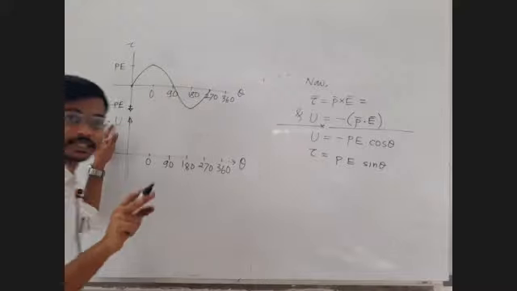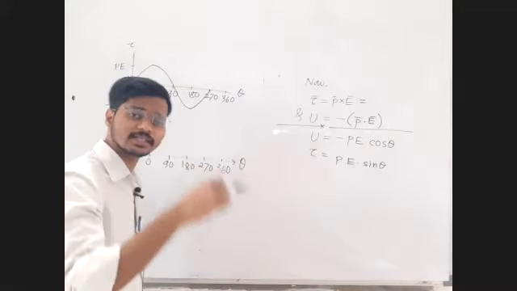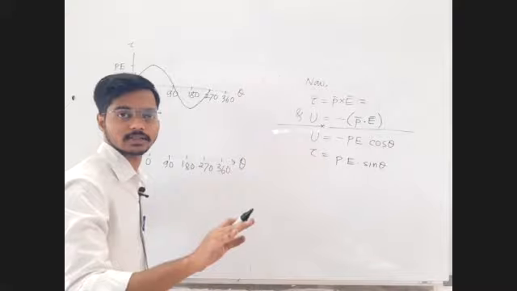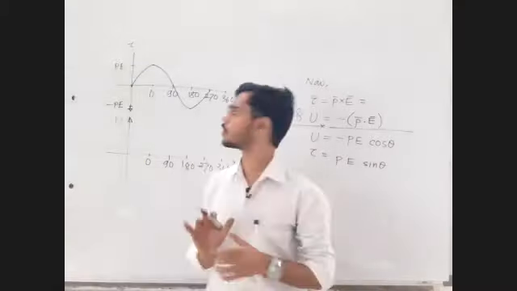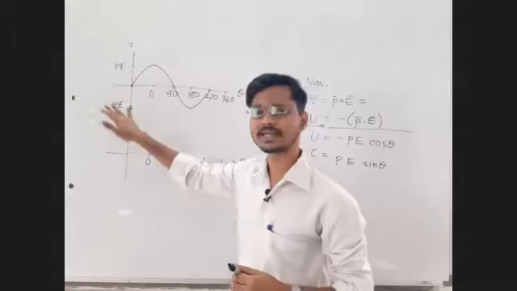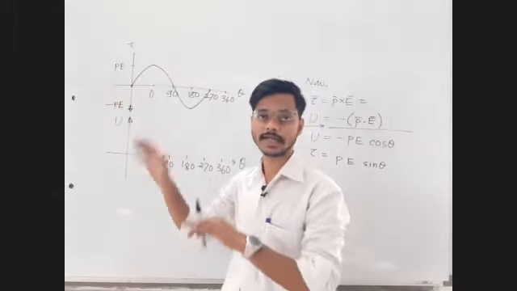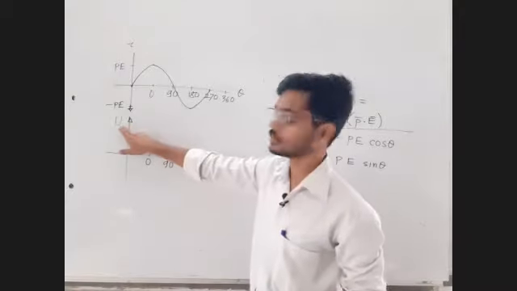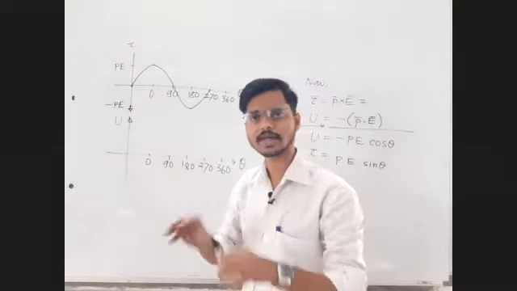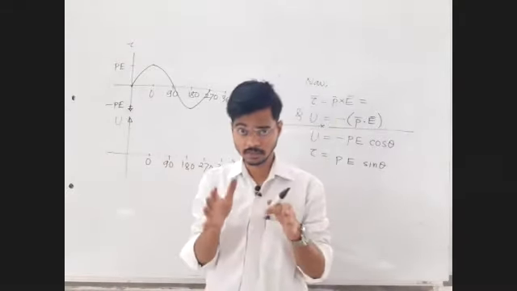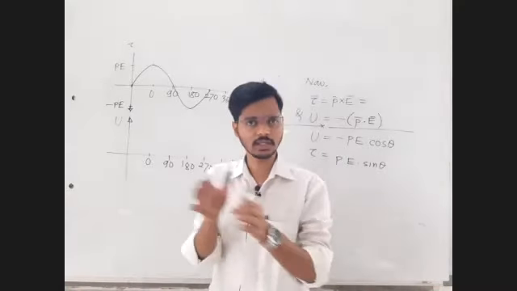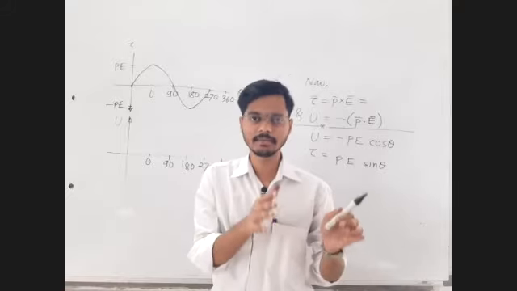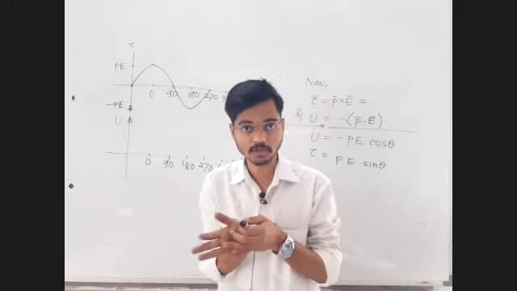Potential energy is a scalar, so the minus sign itself will have some sense. When the given quantity is a vector, plus and minus signs are for the sake of direction. But when the given quantity is a scalar, the minus sign itself has some meaning. Means if it is a scalar value, for example work, it can be positive, negative and zero. When the work is negative, it means that displacement and force are opposite to each other.